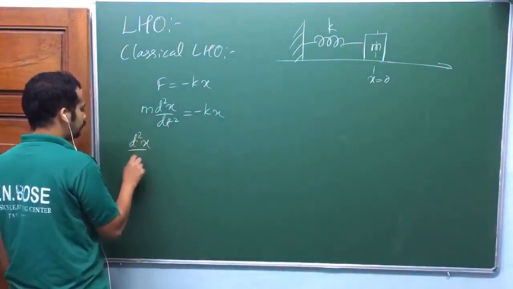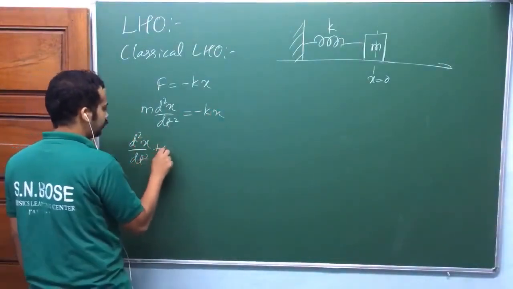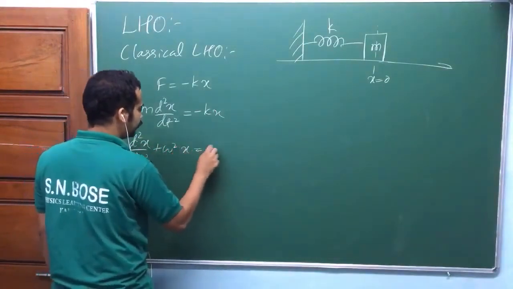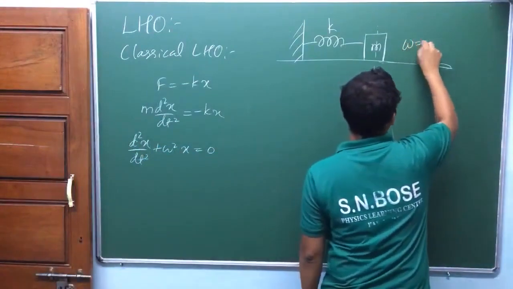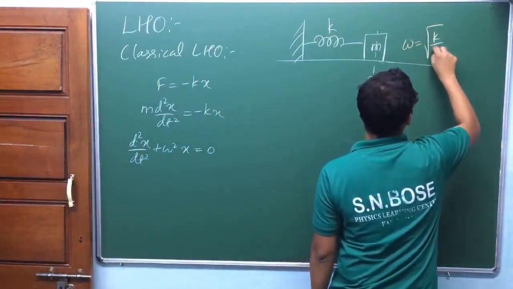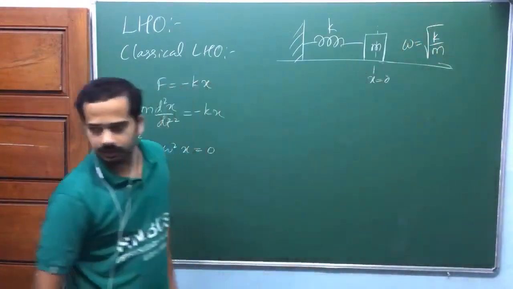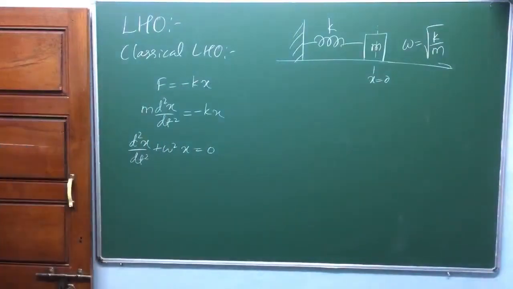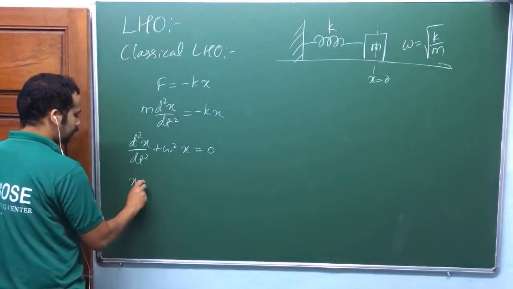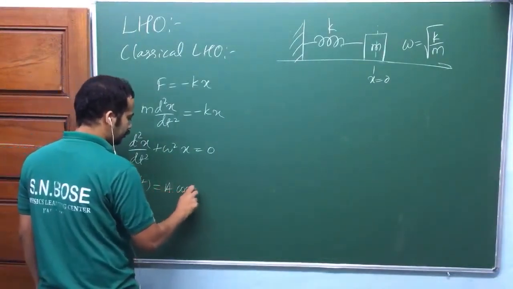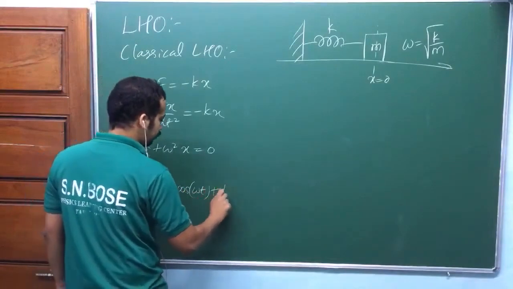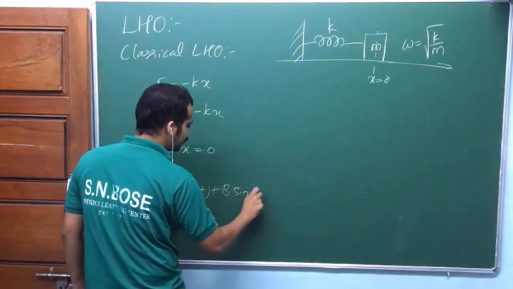d square x by dt square plus omega square x is equal to 0, where omega is defined as root of k by m. Omega is a system property, not a property of any particular motion. We have seen that kind of idea. So we solved this differential equation: x of t is A cos omega t plus B sin omega t.